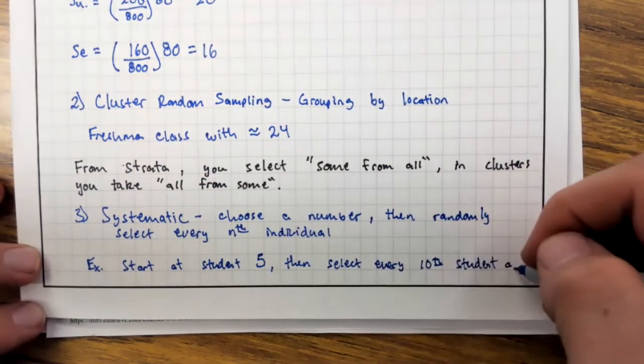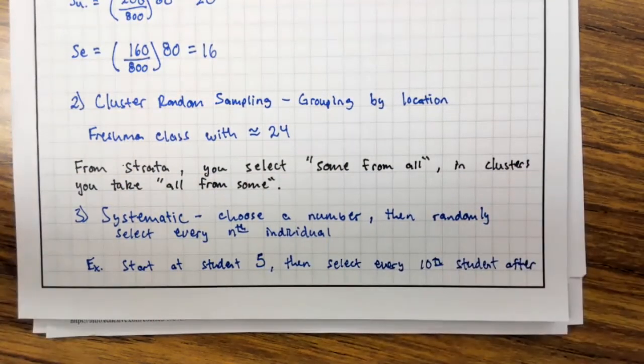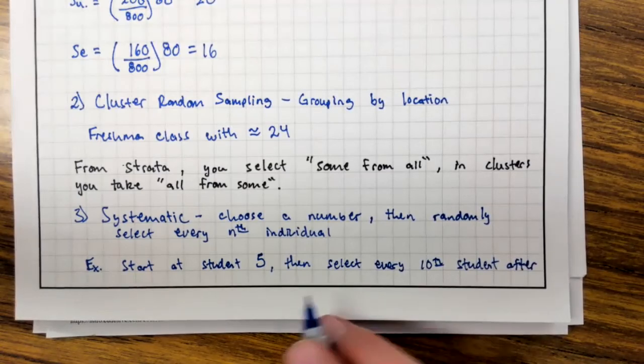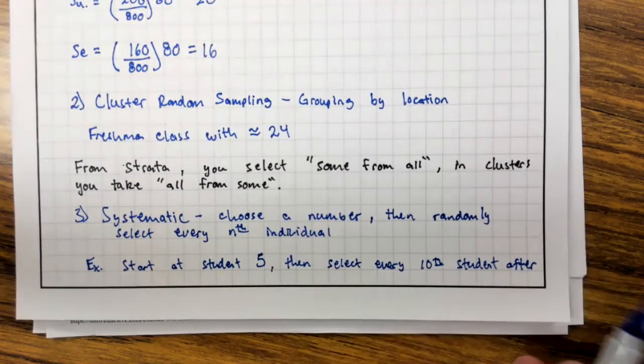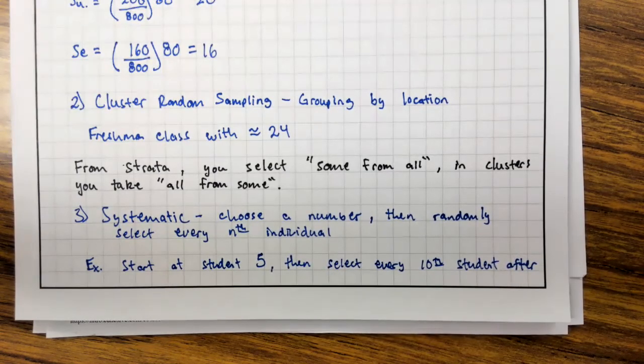By following that process, you should end up with exactly 80 people in your sample. You would select student 5, then student 15, then student number 25, 35, 45, on and on and on. And once you get to over 800, you'd already have your sample size of 80.